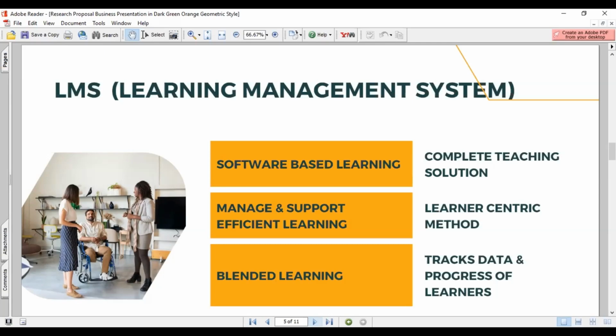It's more learner centric because learners have an active role in the LMS system. It tracks data and progress of the learners. So from the teacher's end, you can track the progress of the students.